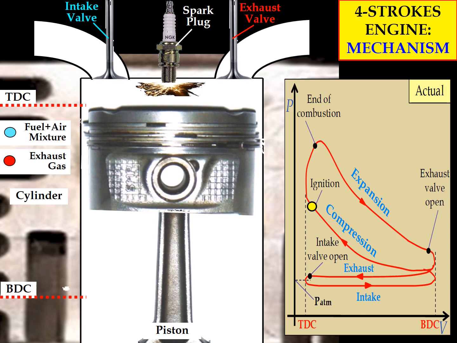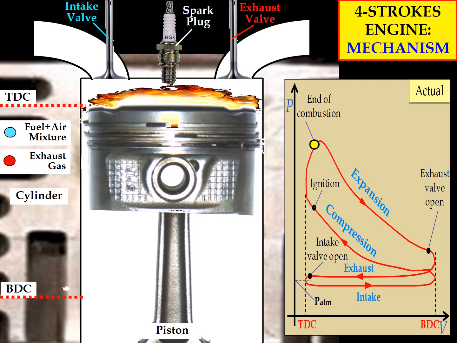When the combustion process occurs, the pressure and the temperature in the combustion chamber will increase drastically, as shown in the PV diagram. The piston will keep moving until it reaches TDC.